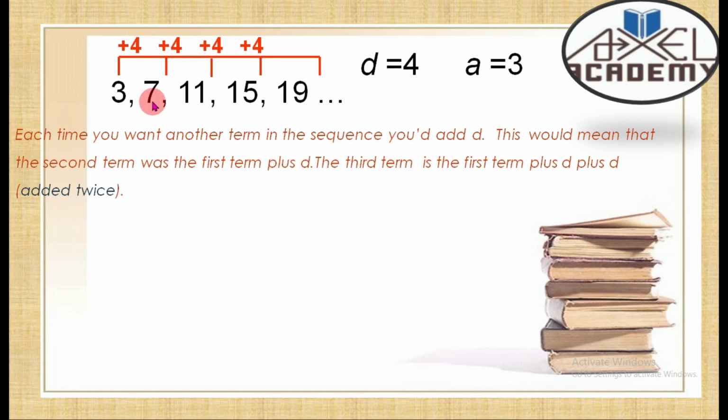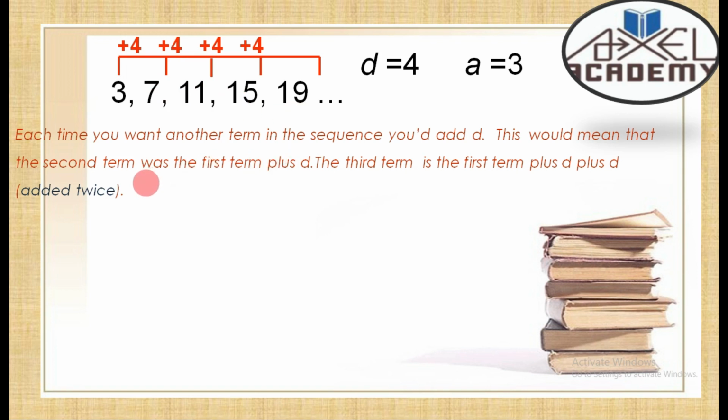In order to get 7, you add 4 to 3. In the same way, to find 11, we add 4 to 7, and in the same fashion we can find 15 and 19.